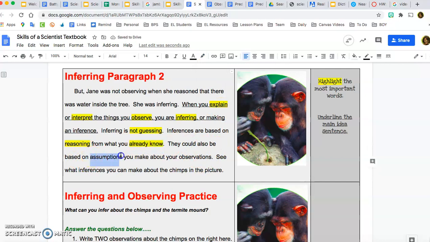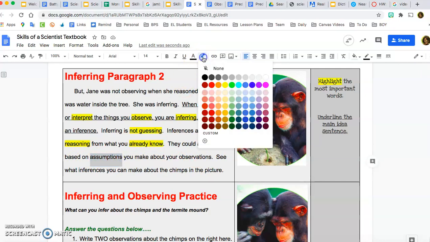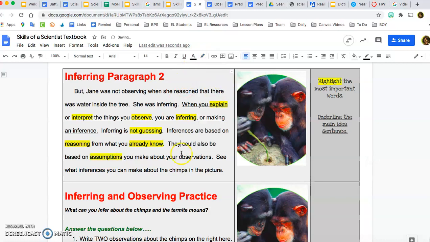We could highlight assumptions because here it's still talking about what inferences are, okay? All right, so now I see I have a lot of things highlighted and one sentence underlined. Your paper needs to look like mine, okay? So if you need to, pause the video and highlight the same words I highlighted and underline the same sentence I underlined. Okay, pause the video and do that now.